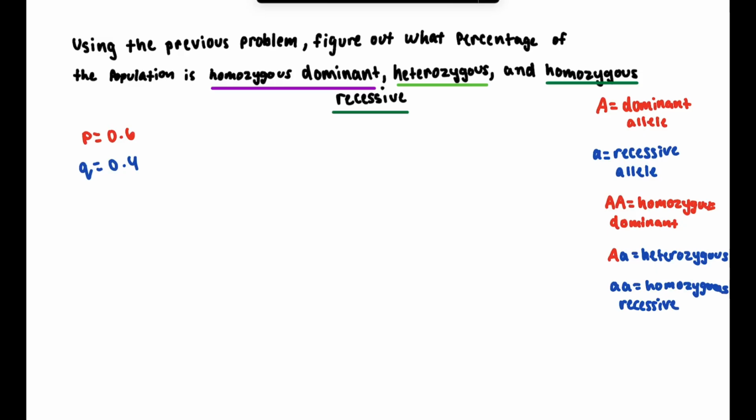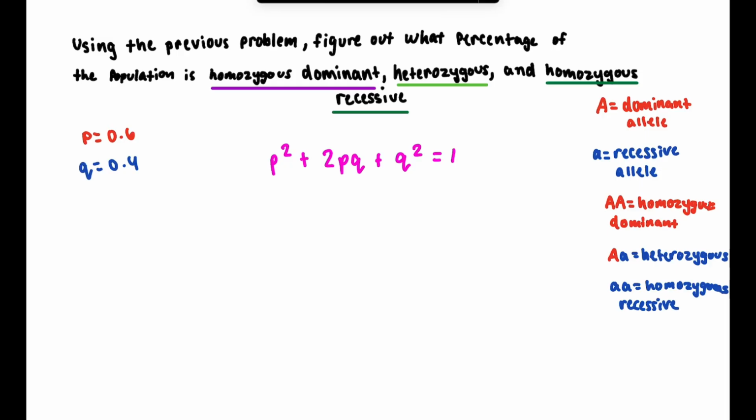As I stated earlier in the video, the genotype frequency equation is p squared plus 2pq plus q squared is equal to 1.